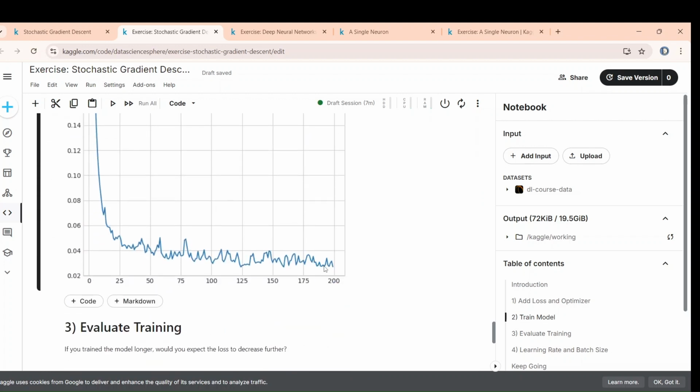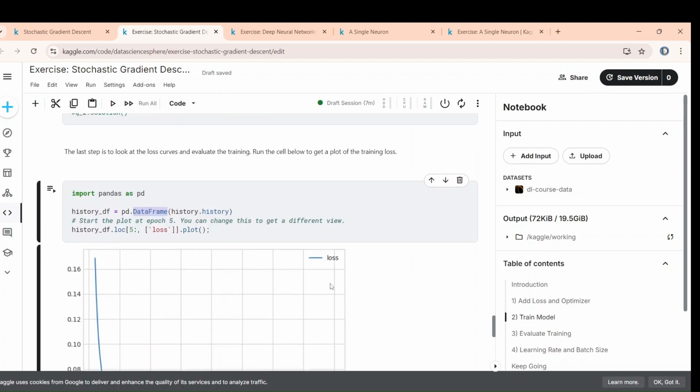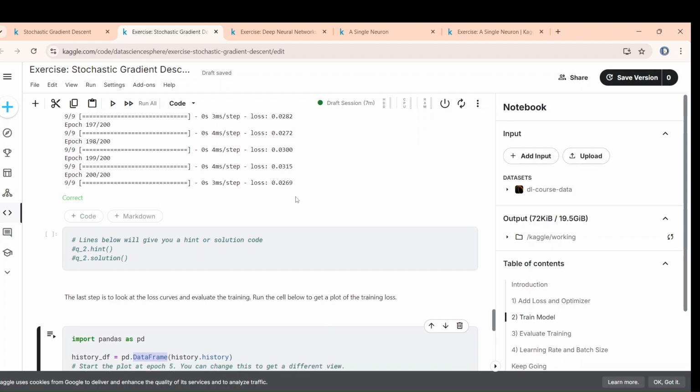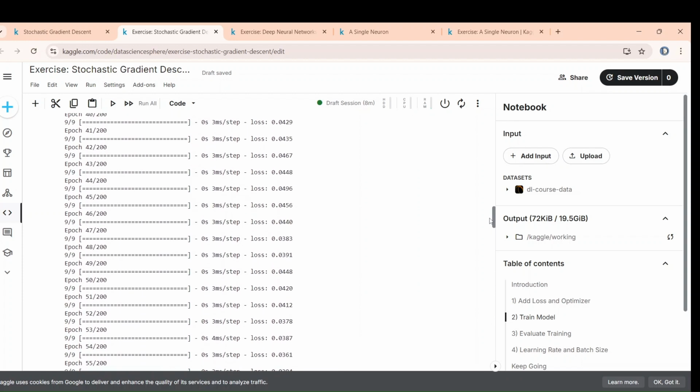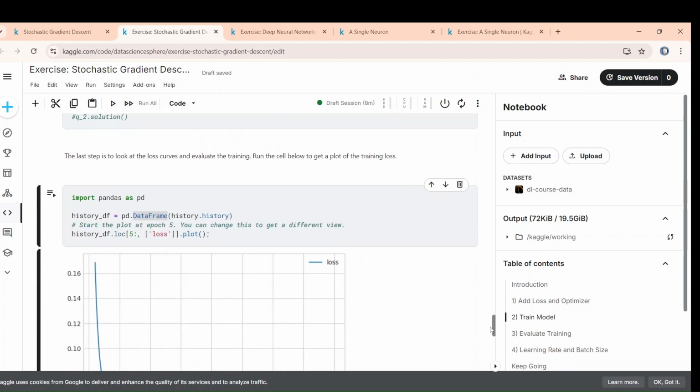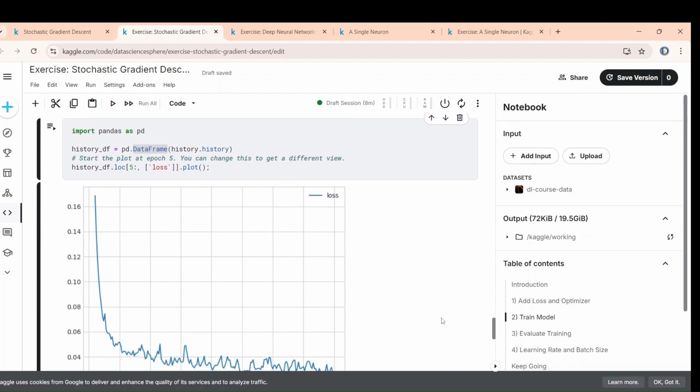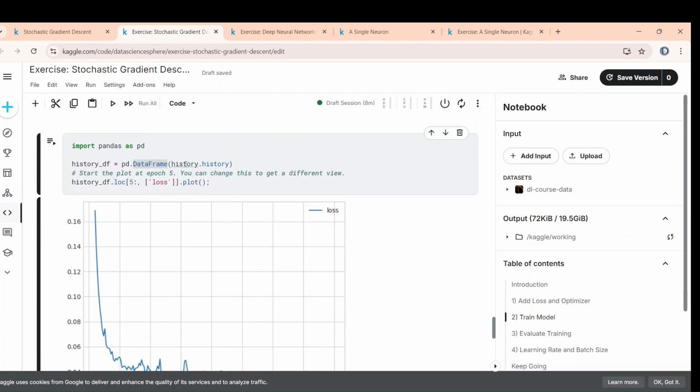That's why it looks like a stock market curve. Finally it has almost reached 0.0269. The batch size was 128 and the epochs were 200. You can simply plot this by keeping the history.